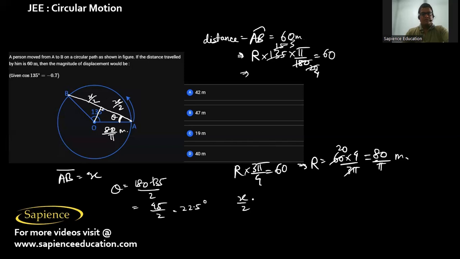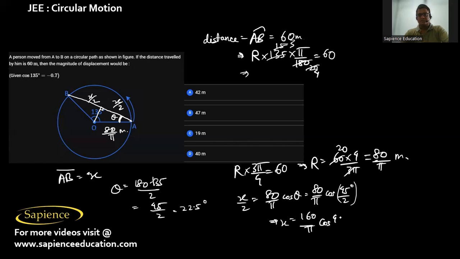So x by 2 is equal to 80 by pi cos theta. It's equal to 80 by pi cos 45 degree by 2. So x will be equal to twice of this, 160 by pi cos 45 degree by 2.